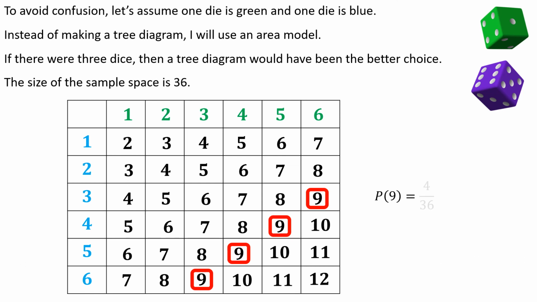Or green 3, blue 6. So 4 different ways of getting a 9. 36 is the size of the sample space, 36 possible outcomes. So the probability of me rolling a 9, well, 4 over 36 reduces to 1/9. And there is my answer.